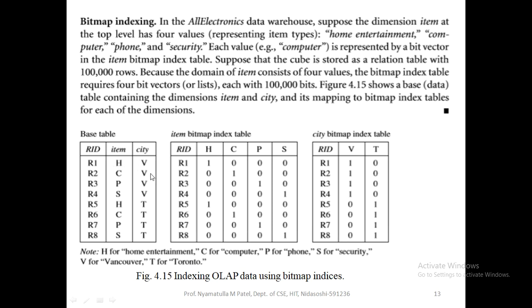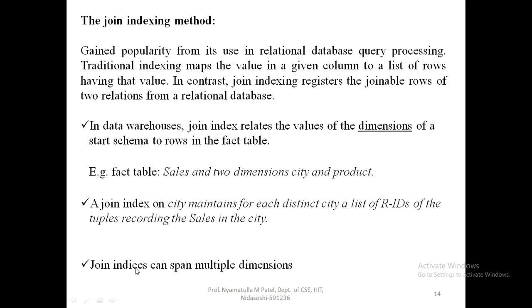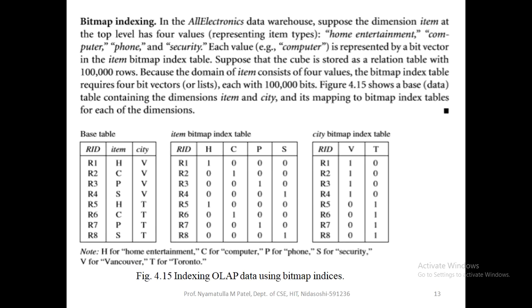During R2 in Vancouver, computers are sold. During R6 in Toronto, computers are sold. During R8 in Toronto, security systems are sold. So, this is how bitmap indexing is able to access the data directly.